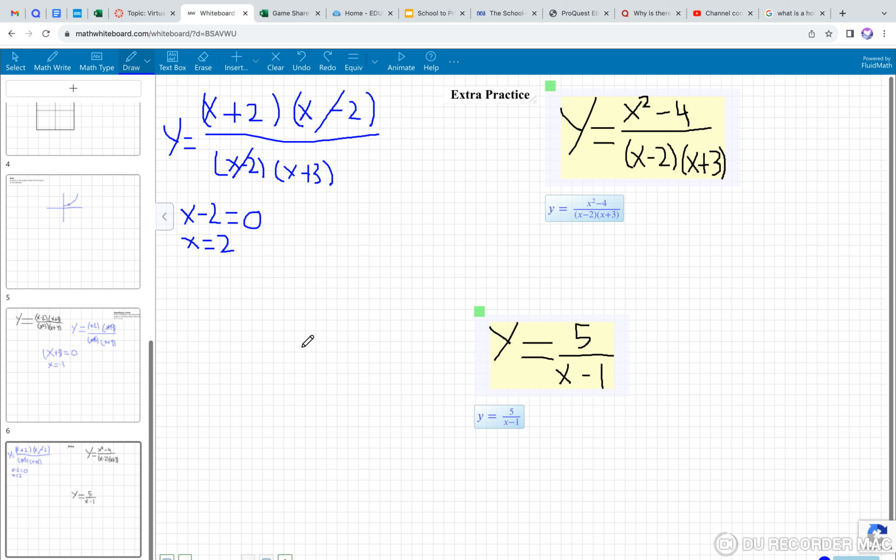Oh, I forgot to mention as well in the first example for holes, that once we find the x value of the hole, we want to plug that in to find the y value.